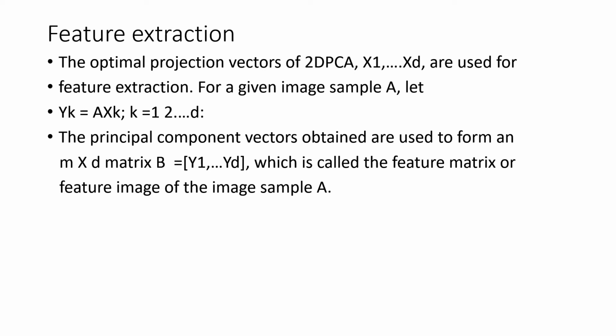For example, for a given image sample A, we are going to find the feature vector for this sample image A. Let us project this sample image A onto X1, X2, X3 and so on to Xd, and we will get the corresponding scalars. These Y1, Y2, Y3 are used to form the matrix, as shown in the slide, Y1, Y2 and so on to Yd, which is called the feature matrix or the feature image of the image sample A.